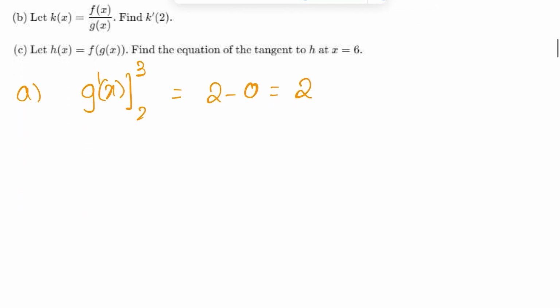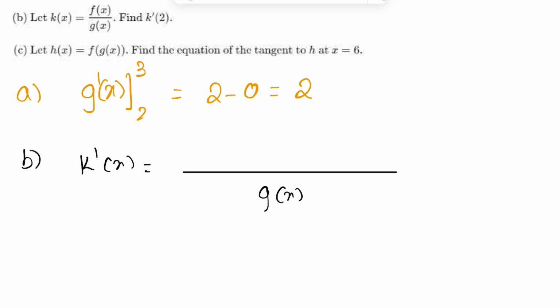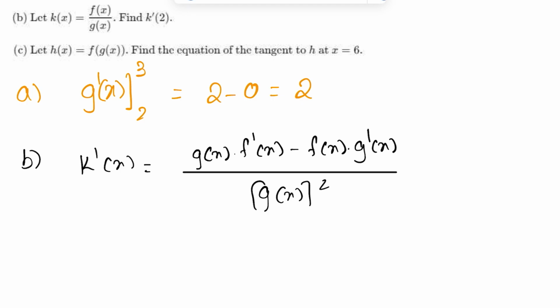Now k of x equals f of x over g of x. Find k prime of 2. So it is the quotient rule. K prime of x equals g of x times f prime of x minus f of x times g prime of x, over g of x whole squared.